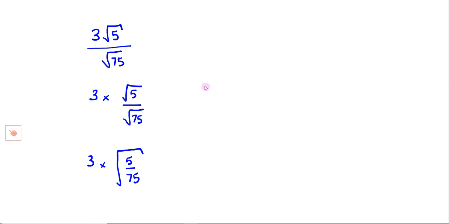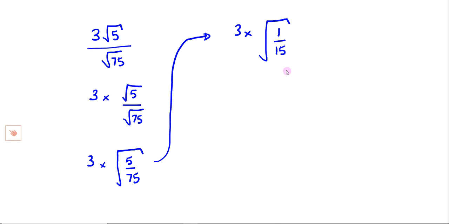Yes, okay. What I can then do is simplify the fraction inside the square root. So what is 5/75 simplified? It's 1/15. I then go back to this form that I had before, and that's 3 lots of root 1 divided by root 15.